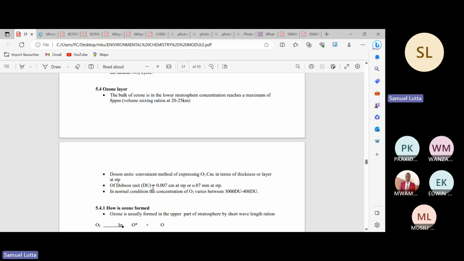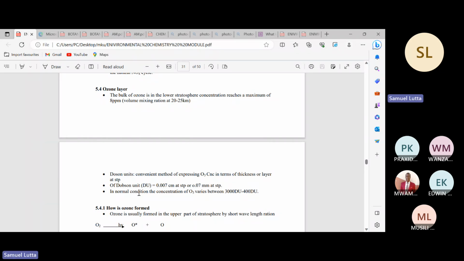The concentration is normally expressed in Dobson units, but I think we don't need to memorize this.